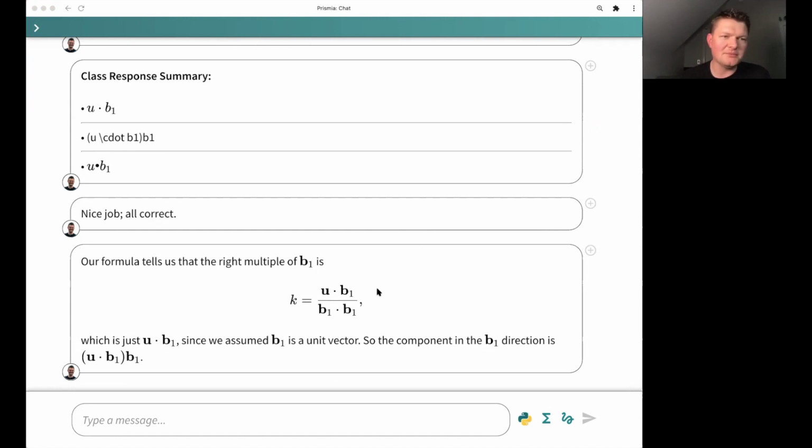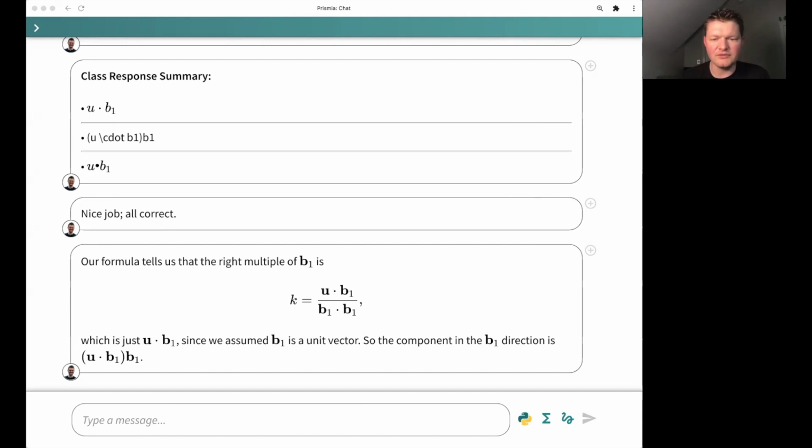So we might as well make them have length 1 so that when we divide by the squared length here, there's nothing to worry about. We can just basically omit that operation. So that's telling us K is going to be U dotted with B1. That's how much B1 to use if you want to get as close to the point U as you can while being along the line through B1.